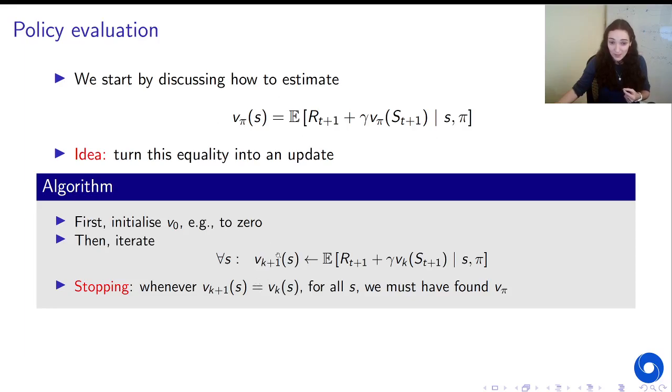So if Vk and Vk plus 1 are the same, that means that Vk obeys the Bellman equation for policy pi. Thus, because this is a unique solution, Vk and Vk plus 1 have to be equal to V pi.